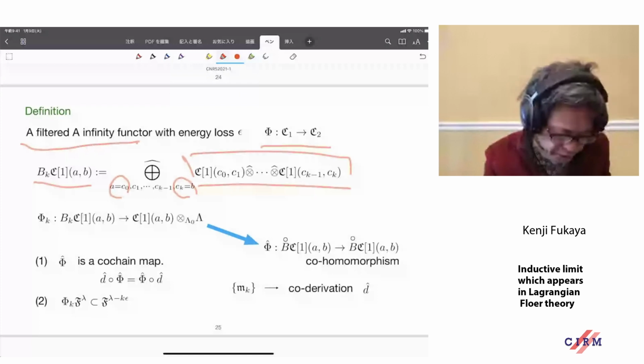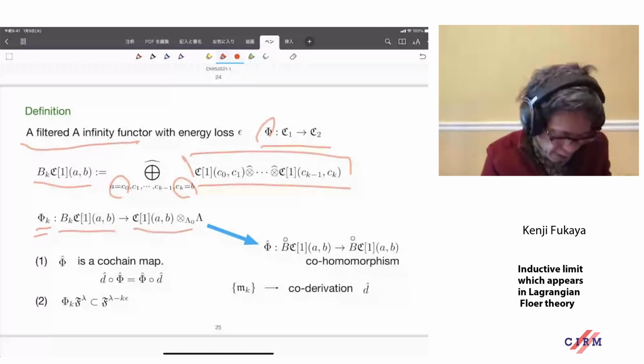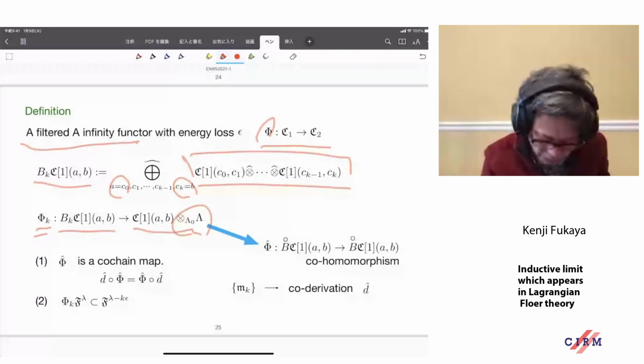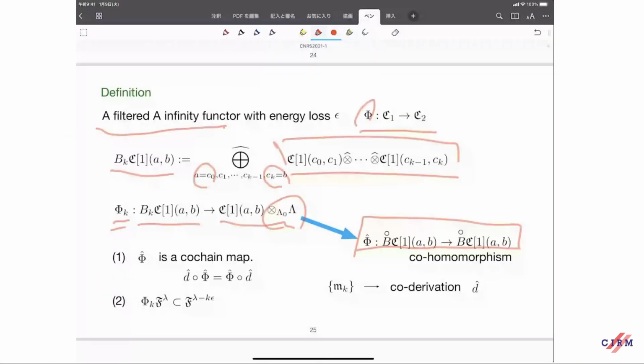And then this phi gives phi k, a map from the bar complex to phi1, after taking this lambda. And this sequence of phi k gives a morphism.